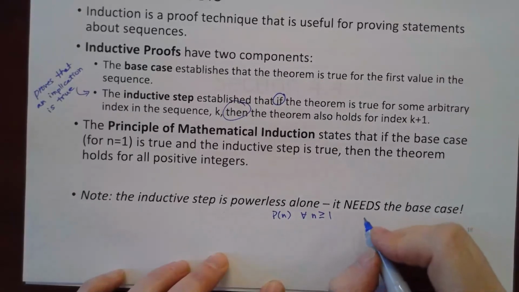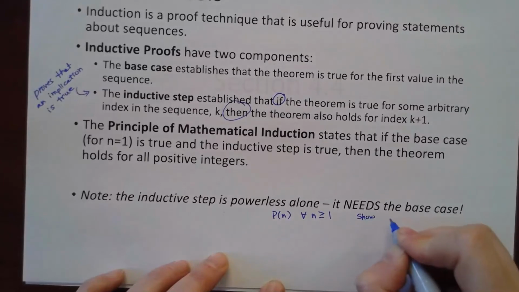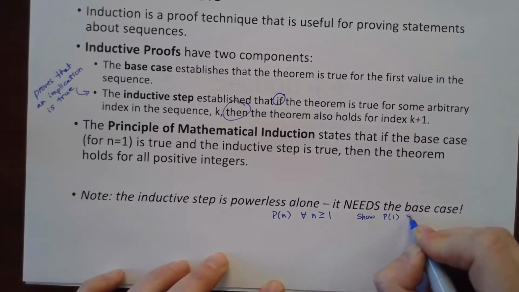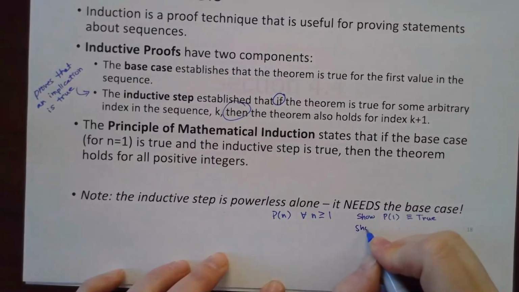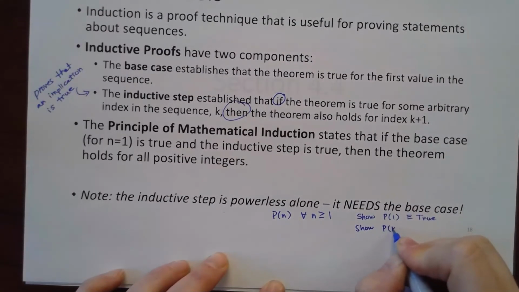So the first thing I do is show that P of 1 is true. And then I pick an arbitrary k, and I show that if P of k is true, then P of k plus 1 is true.